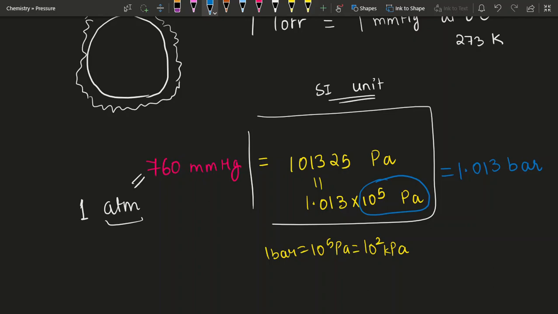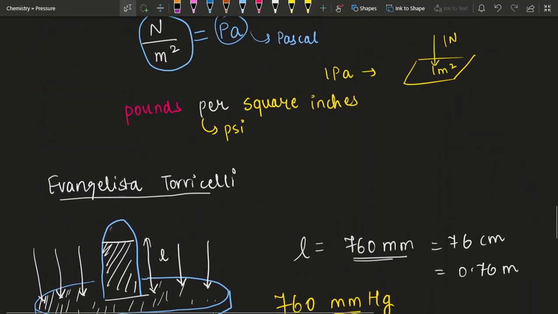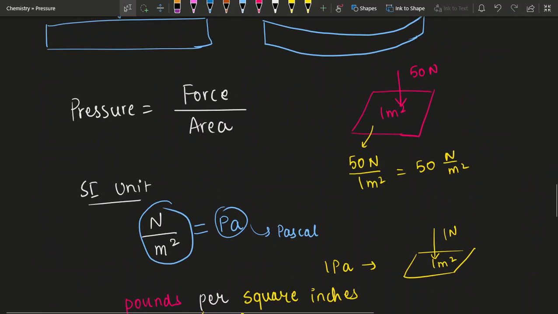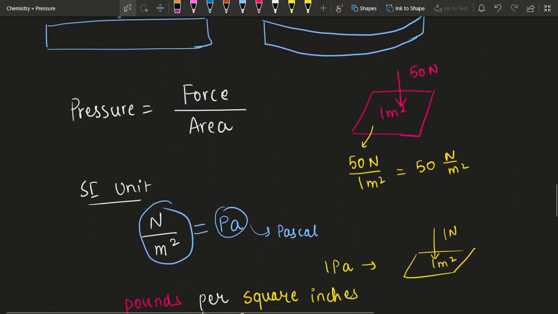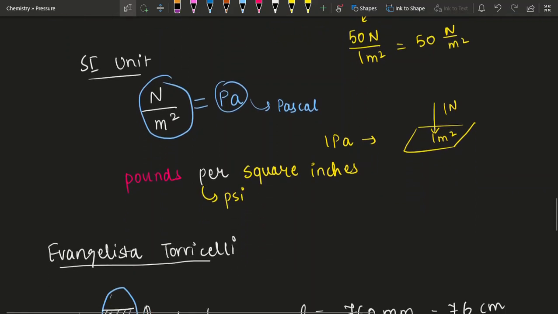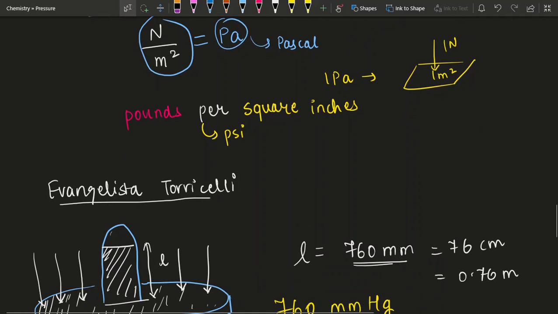So till now, what we have done is we have learned a bit about what pressure is, how force resulting on a certain area gives you the pressure applied. You've learned a bit about the units, pascal, pounds per square inch.